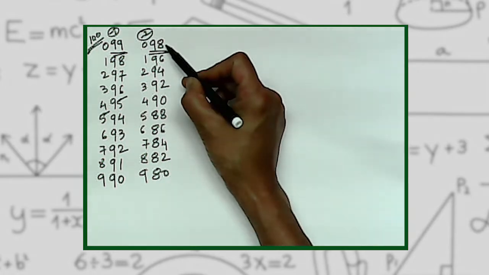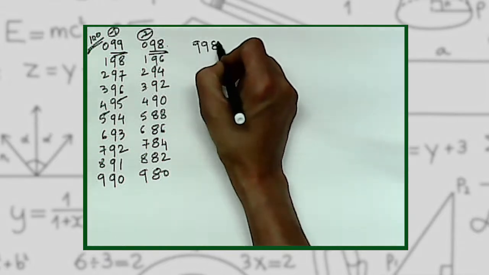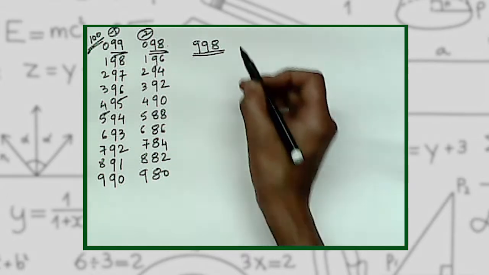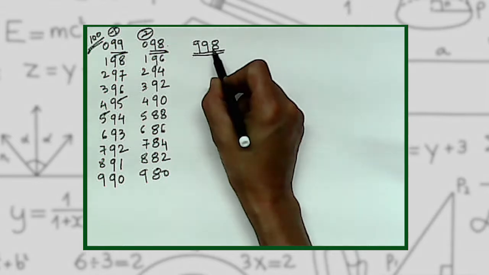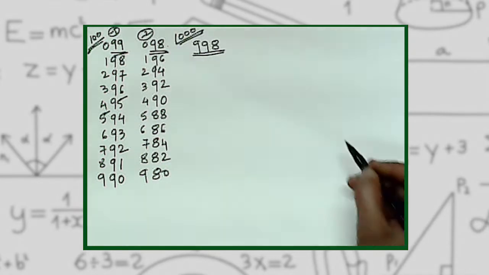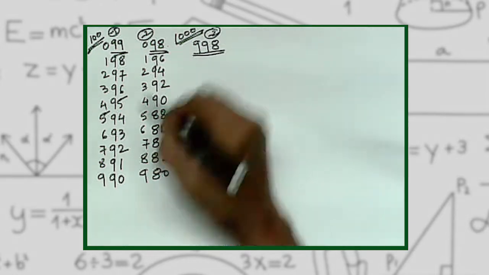Such a big number. Now we will take table of 998. Don't be afraid. It is also very easy. As 998 is near to 1000 and difference is minus 2.